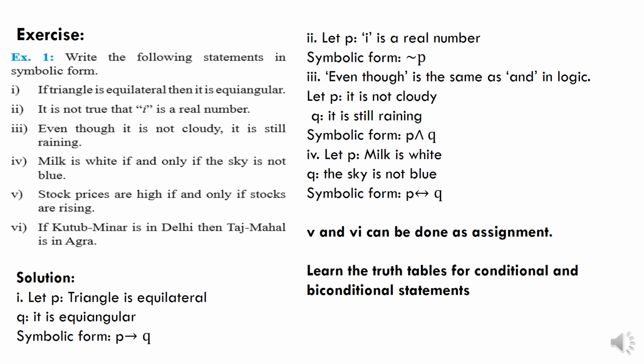Now further, the homework is to learn the truth tables for conditional and biconditional statements. Now students, if I was taking an offline lecture, my usual procedure was that I would make the students learn the truth tables by heart, all the 4 truth tables, and ask them to give it to me orally.